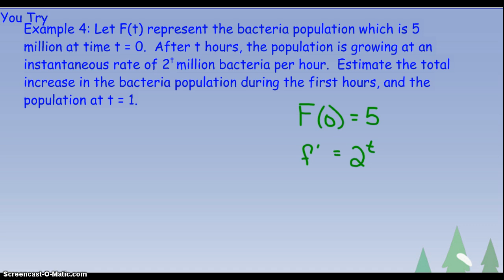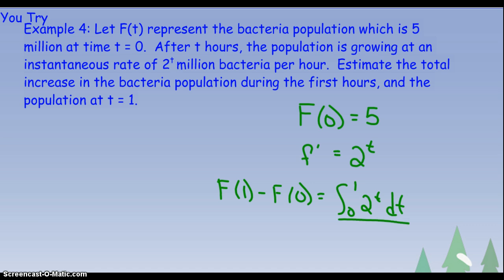So we're going to use the fundamental theorem, pretty awesome stuff, that we're looking for the change, f(1) minus f(0), and that means that I could write the integral from 0 to 1 of 2 to the t dt. Okay, so first, when I type this integral into the calculator, I'm going to end up with 1.443 million.